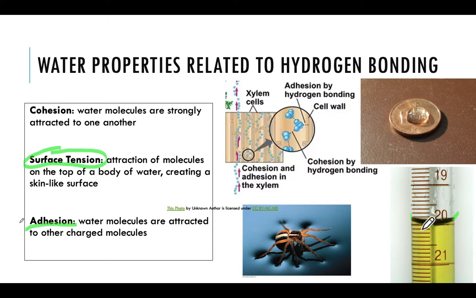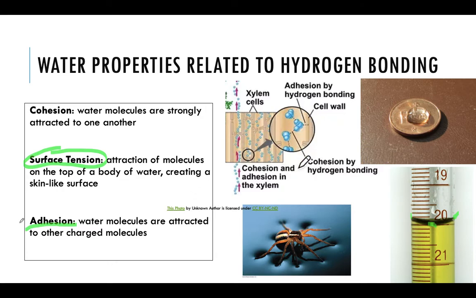This curve is created by the adhesion of the water to the glass of the graduated cylinder. If you read it at the top, you're actually getting an inaccurate measurement. You always want to measure from the bottom of that curve to get the best measurement. So this would be at 20 milliliters.